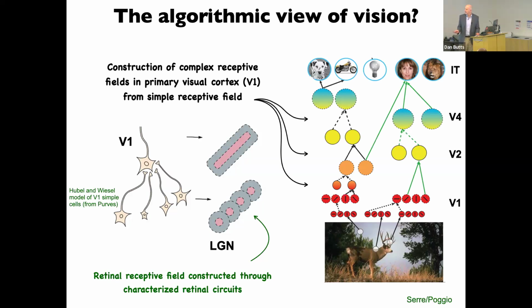This is a picture that I saw a lot in the 2000s from Tommaso Poggio's lab. And the idea is that if you do these transformations, you can see how the circuit transforms to increasingly complex features, with the features at the top being object recognition, being able to recognize the components of our world.